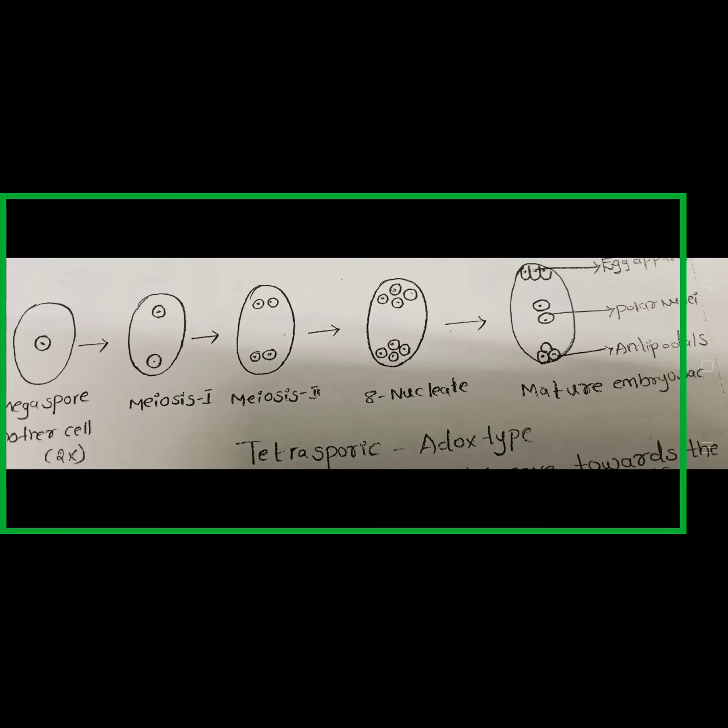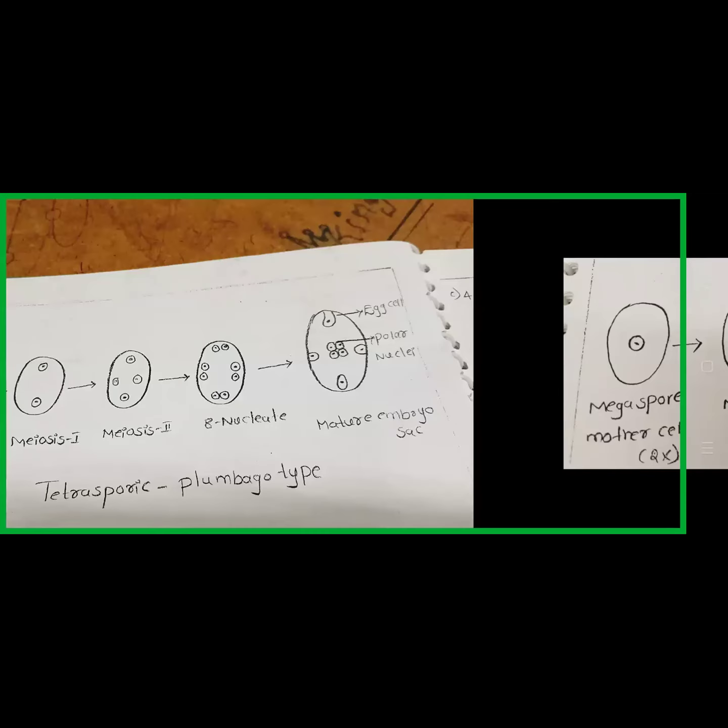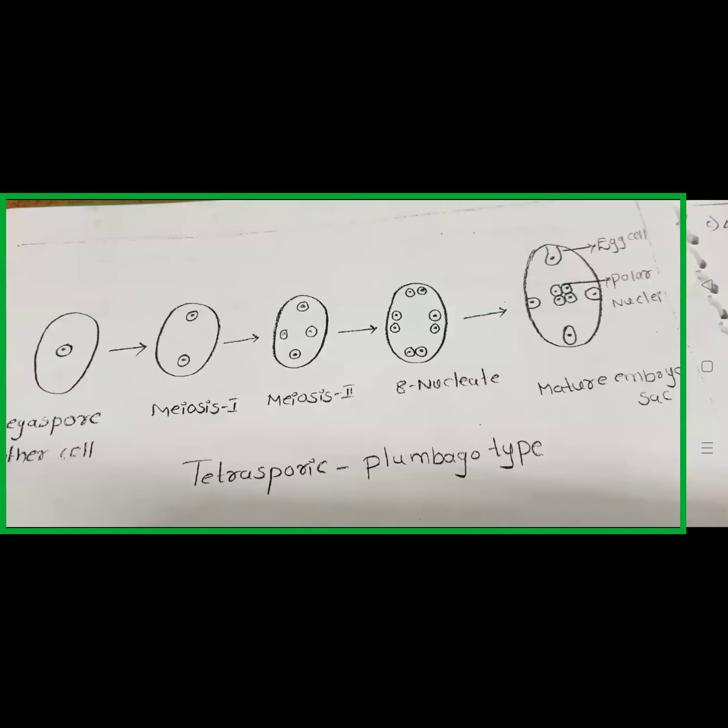Okay, na? Yes, madam. Next we are going to the Plumbago type. See here, Plumbago type. Same, this is also an 8 nucleate embryo sac, but the 4 haploid nuclei move towards the periphery of the cytoplasm.